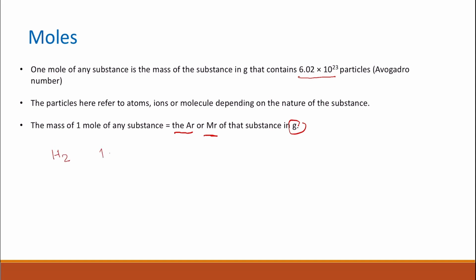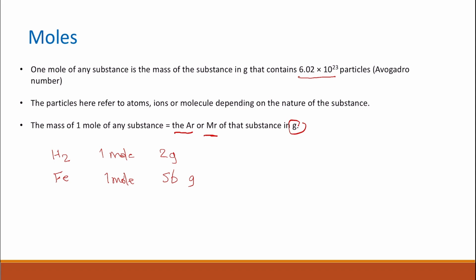So 1 mole of hydrogen will contain 2 grams of hydrogen. 1 mole of something like iron: iron is an element and it exists as a single atom, so 1 mole of iron will contain the relative atomic mass of iron, which is 56, so it's 56 grams.